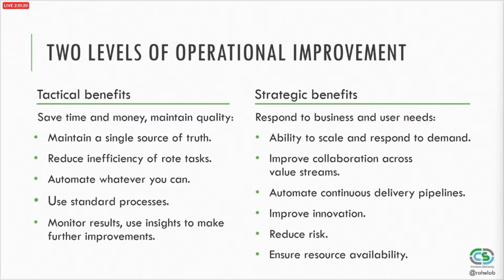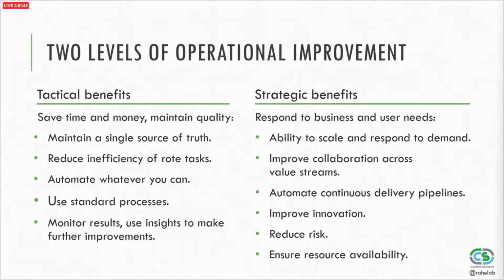But if you're talking to the management level, they want to know more about how this is going to help respond to our business needs and user needs. So you can say that doing all the things in the left-hand column means that you can do all the things in the right-hand column. You will have the agility to scale. You'll be able to respond to demand.